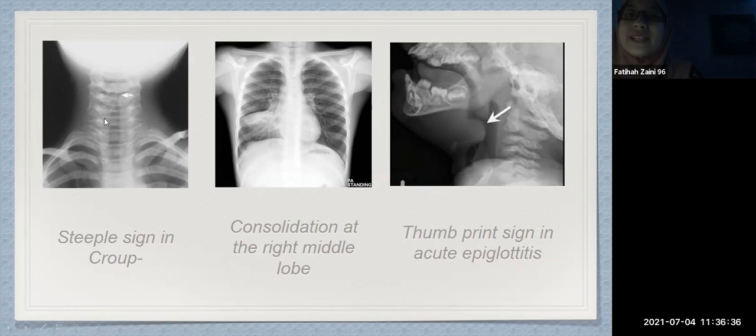The next picture is consolidation at the right middle lobe, which might suggest pneumonia. And the last one is a thumbprint sign in acute epiglottitis, indicating a swollen epiglottis. Next.